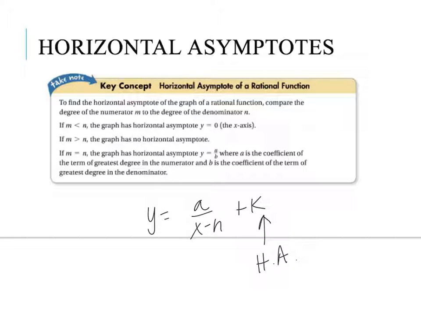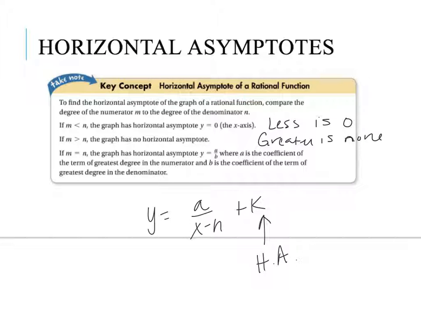So what this is saying is that when it is less than, so less is 0, greater, and this is numerator versus denominator, by the way, so greater is none.